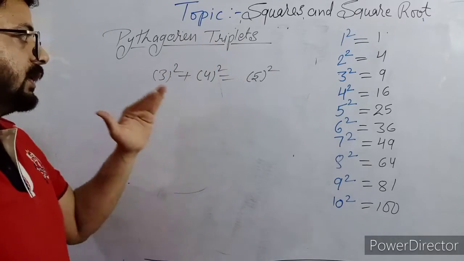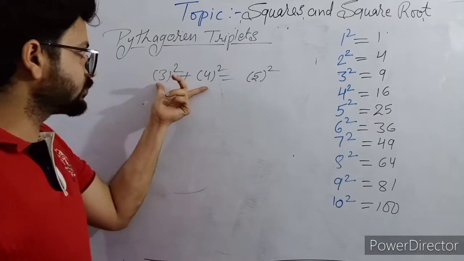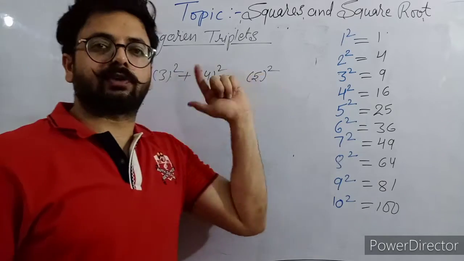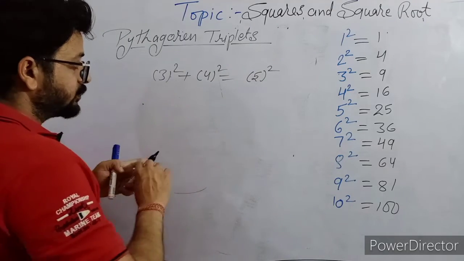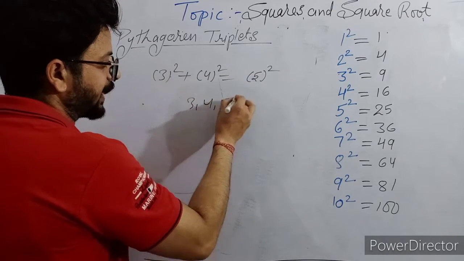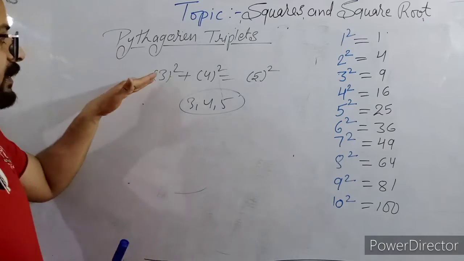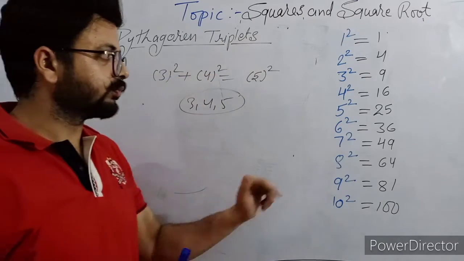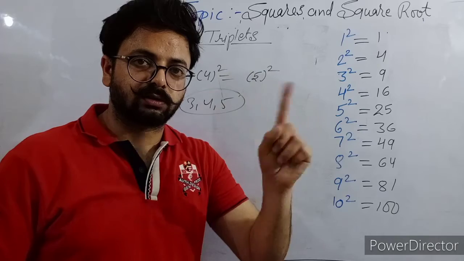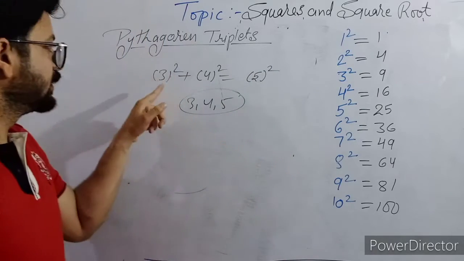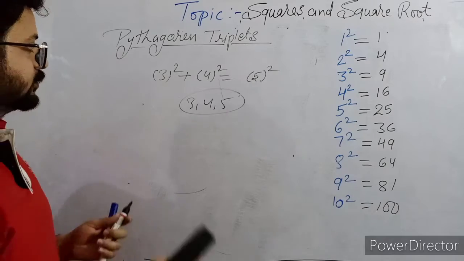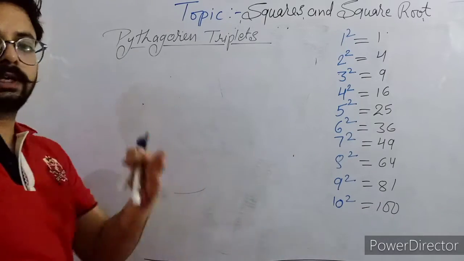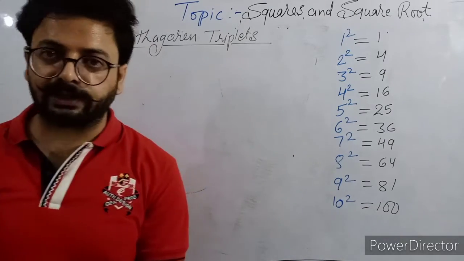It can be any numbers, but if the sum of the squares of two numbers equals the square of another number, then we call them triplets. So 3, 4, 5 are Pythagorean triplets, not 9, 16, 25. Think about one example now.